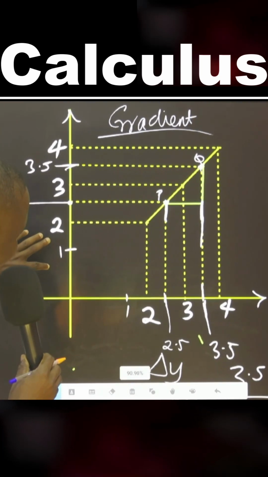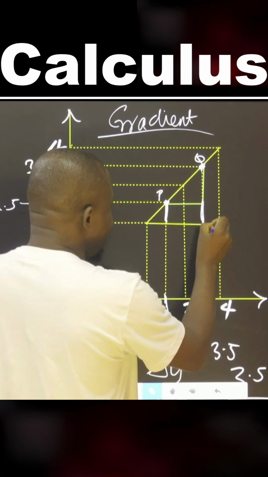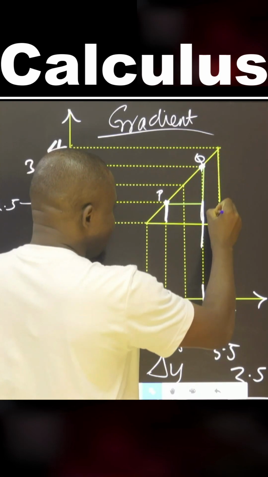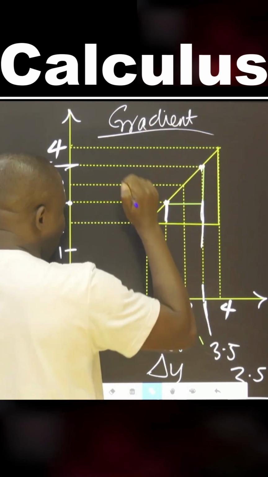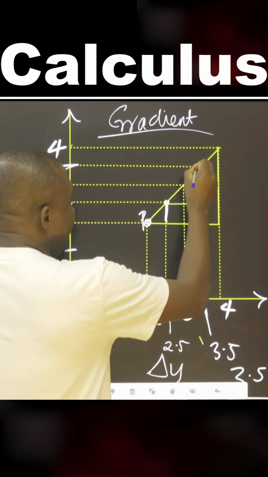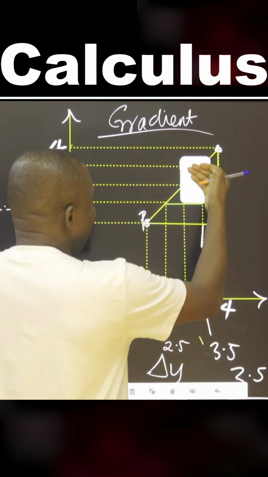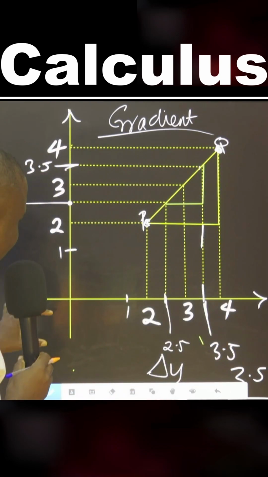What I want you to do now is, let's assume we are taking this point this time. We are going to use this and this. That is, we are going to change this position of P. Say our new P now is this and this. Let's remove all this one. This is P, this is Q. Let's also calculate the gradient.